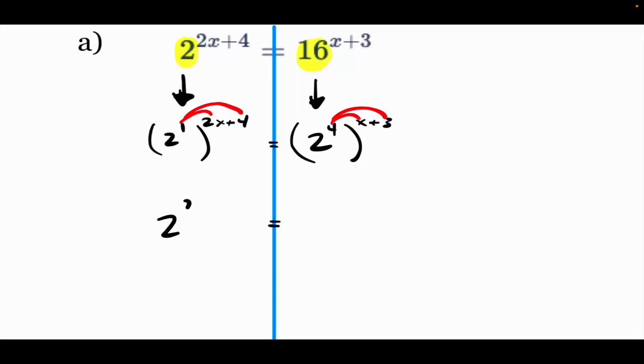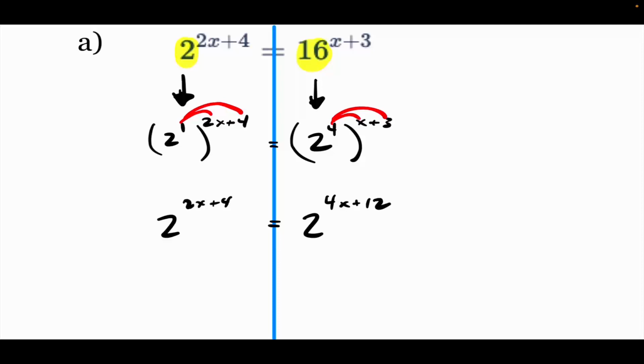So I get 2 to the 2x plus 4. I get 2 to the 4x plus 12. You just distributed the powers. 1 times 2 is 2. 1 times 4 is 4. 4 times 4. Okay? So we made them the same.